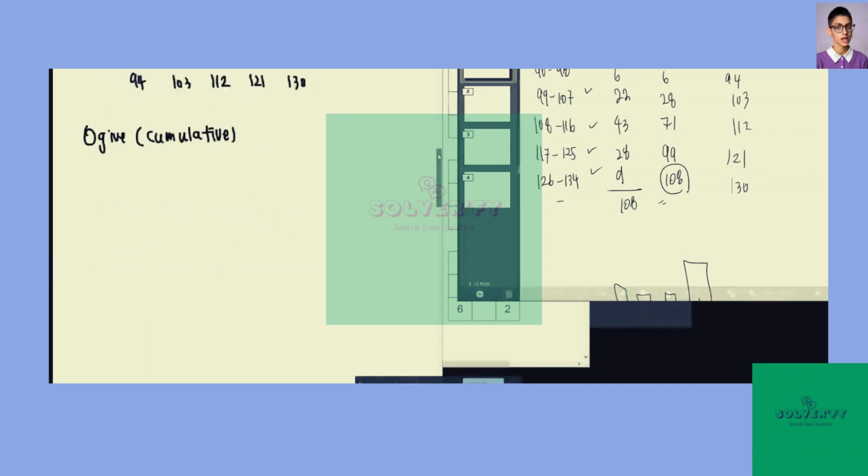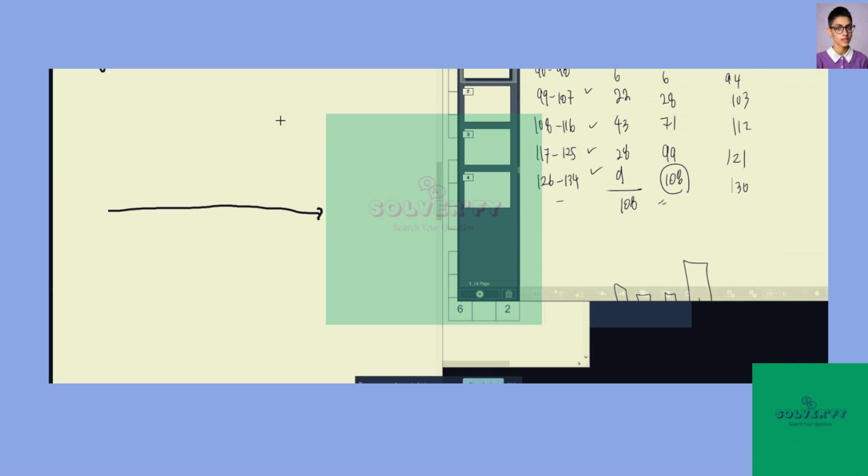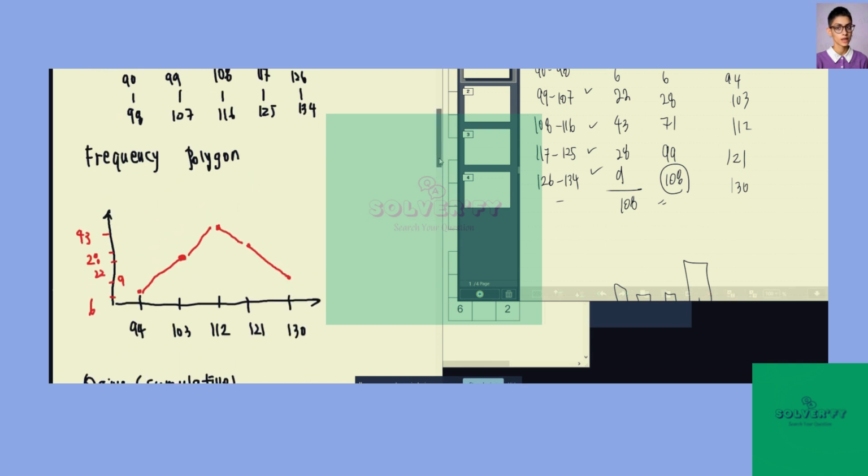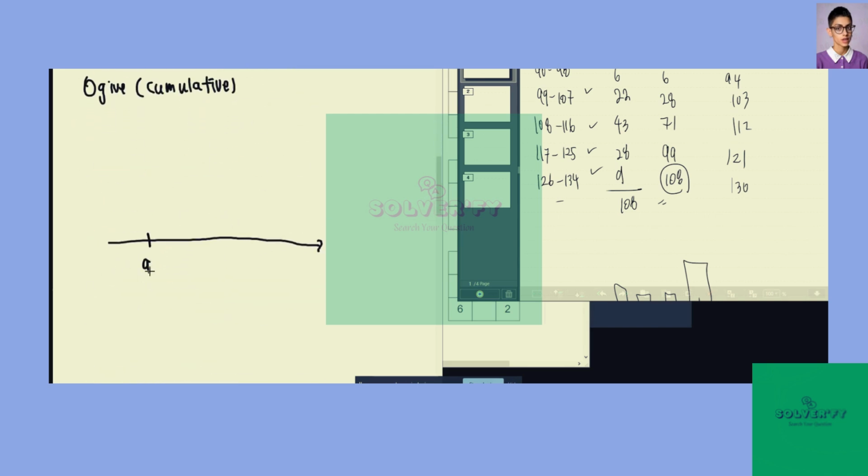Let me draw a horizontal line, and just like the frequency polygon, we're going to use midpoints. So let's put that down: 94, 103, 112, 121 and 130. And put a vertical line.